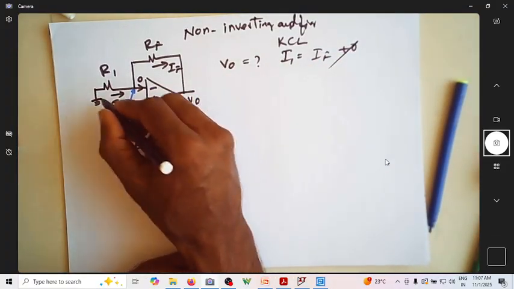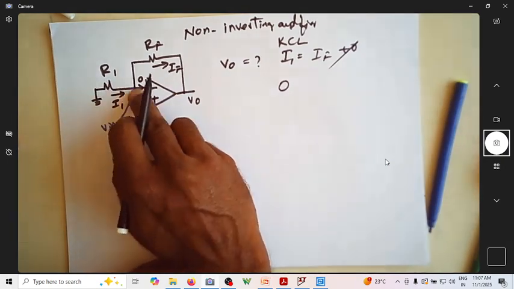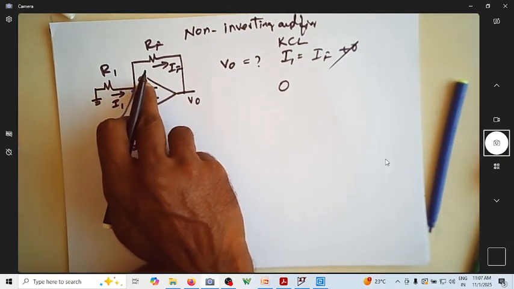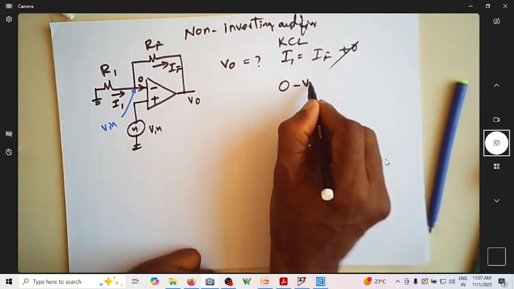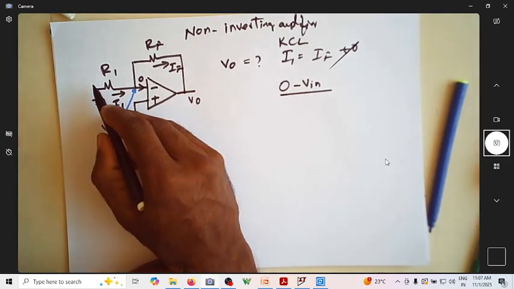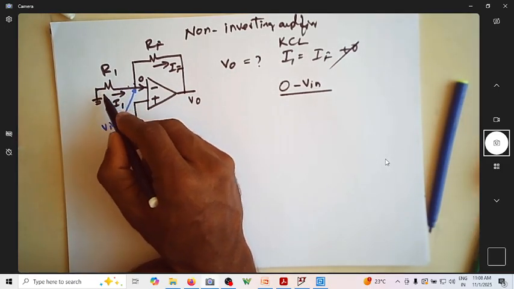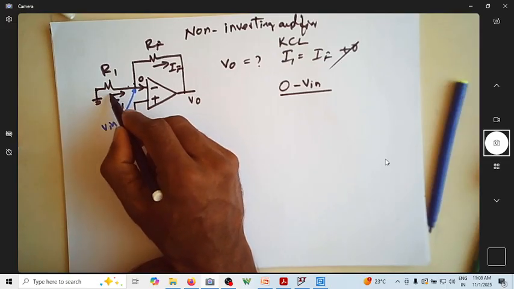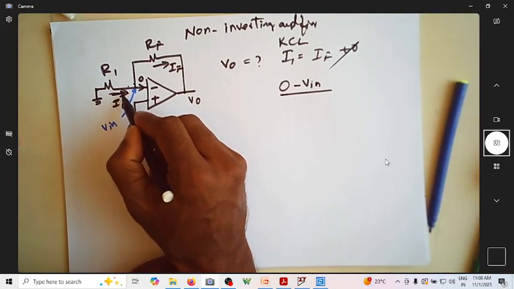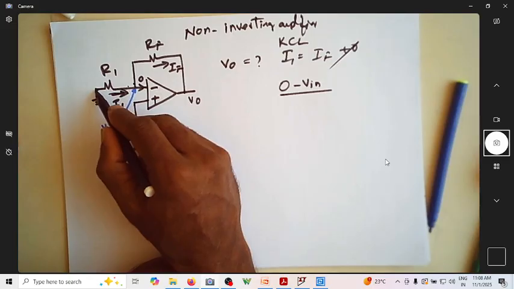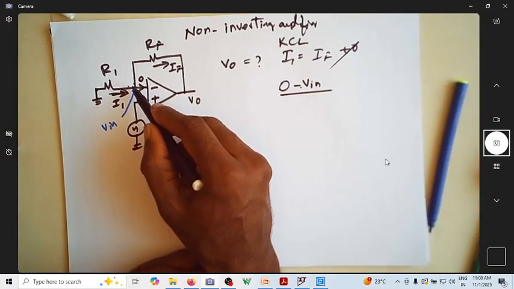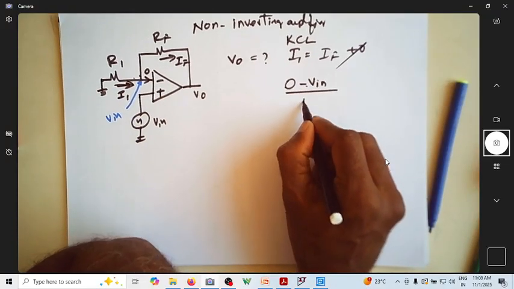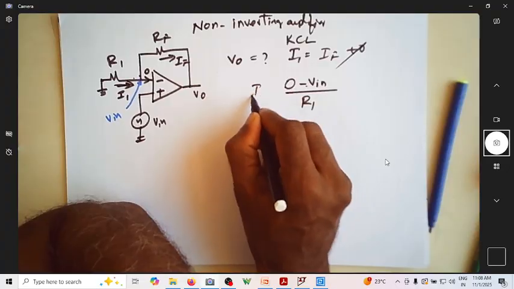What is I1? It is 0 minus Vn, this voltage is Vn, and of course this current is 0. So it is 0 minus Vin, because it is the potential difference across the resistor, since you are treating this as higher potential because your assumed direction is like this. So minus Vin divided by R1 is I1.